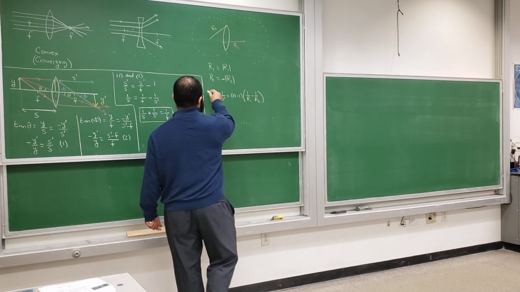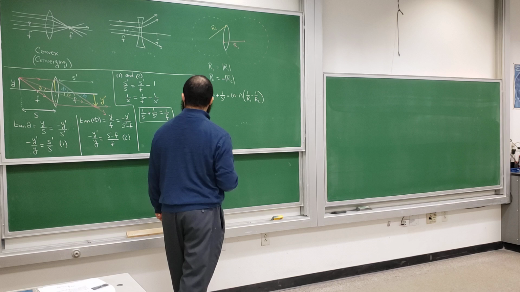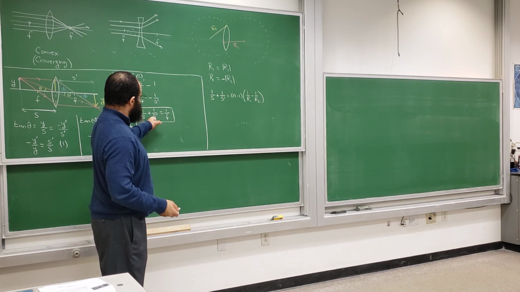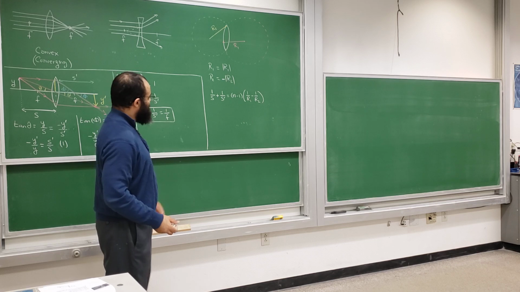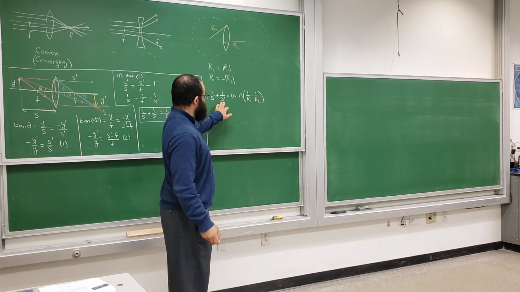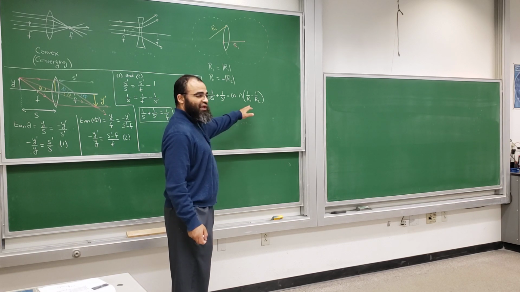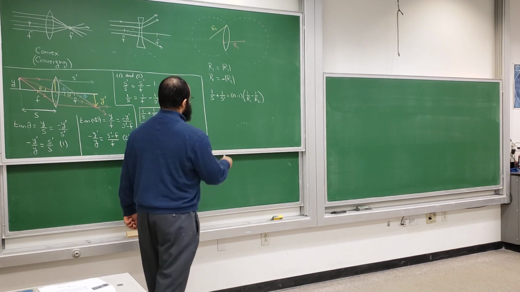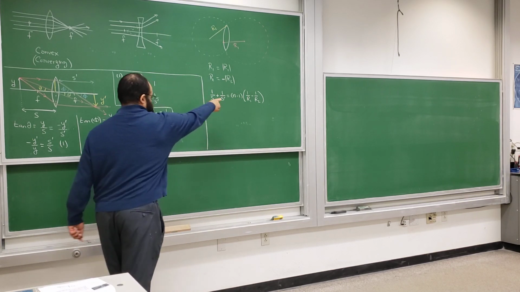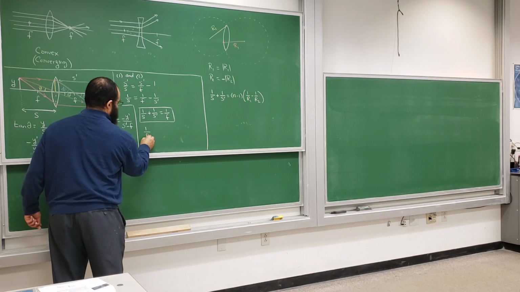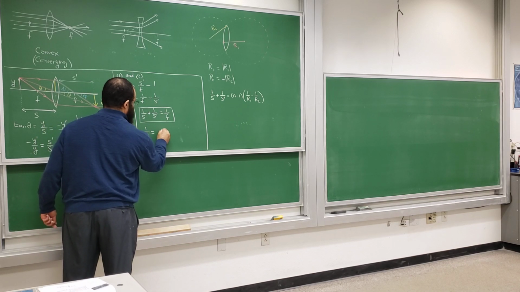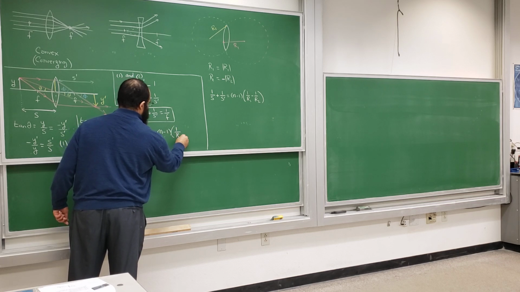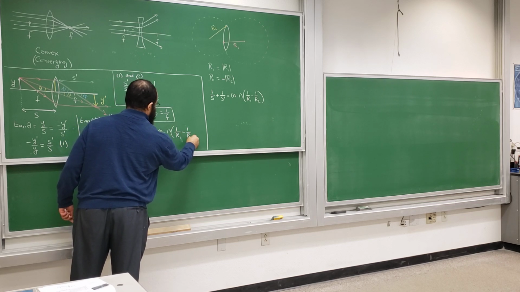And this equation also maybe deserves a box, maybe not. But let's look at the left side of this equation: 1 over s plus 1 over s prime equals something. And this one says 1 over s plus 1 over s prime is equal to something else. So what can you conclude about the right-hand sides? They're equal. So we conclude also that 1 over f is equal to n minus 1 times 1 over r1 minus 1 over r2.